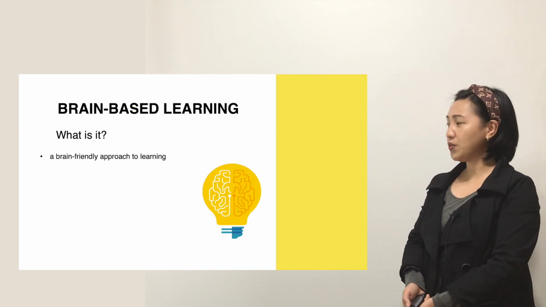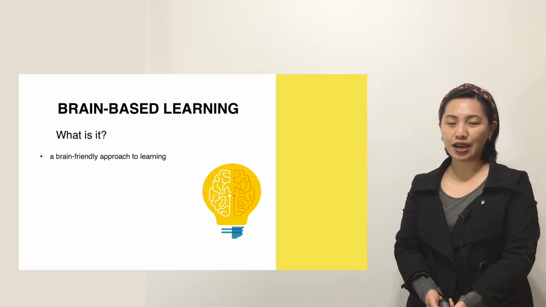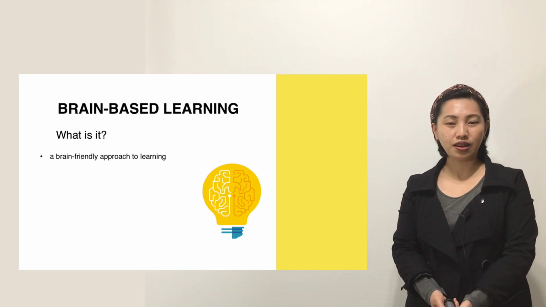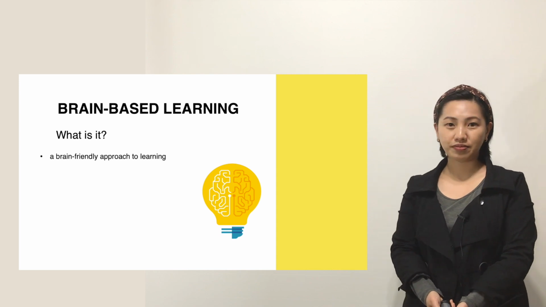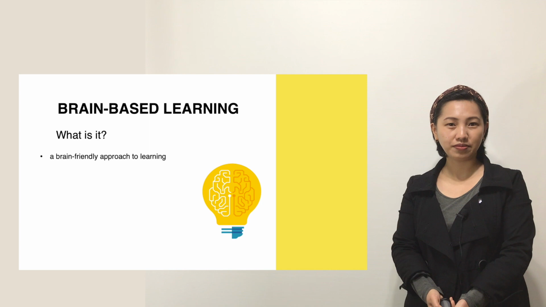Well, according to various sources, brain-based learning is a type of learning which is designed as brain-friendly in consideration to the findings about the human brain. So why brain-friendly, you might ask?